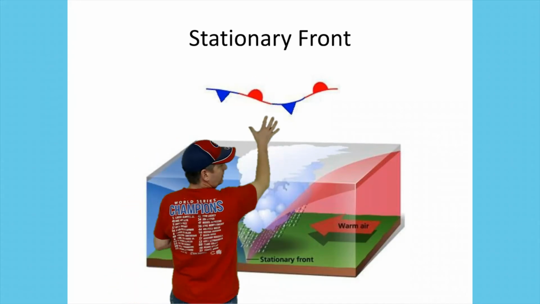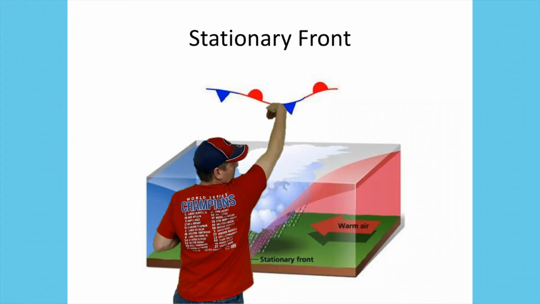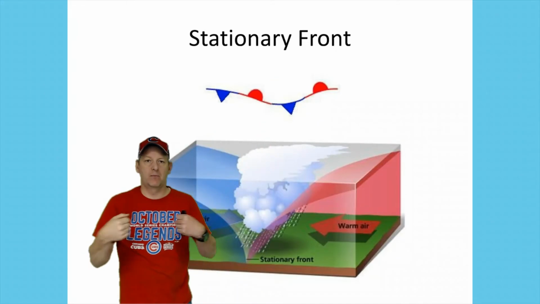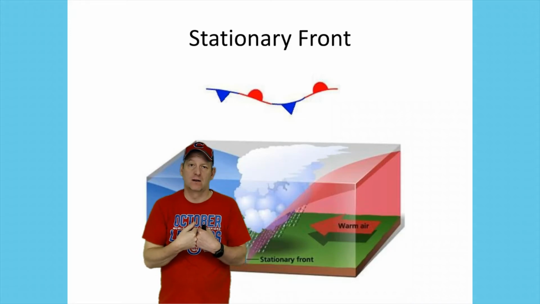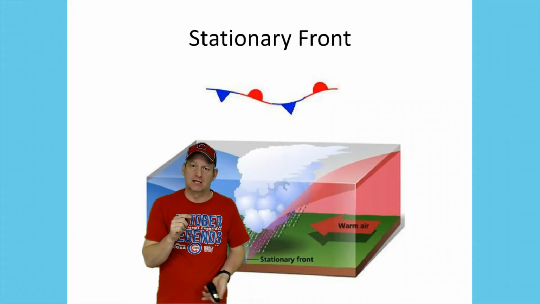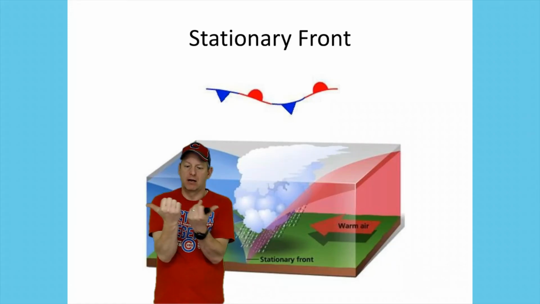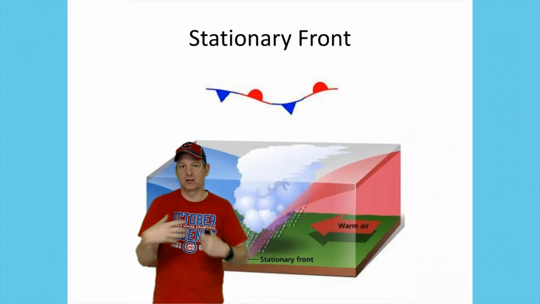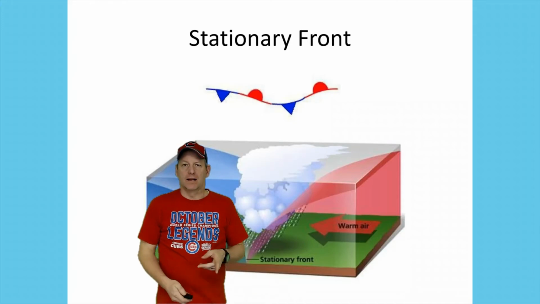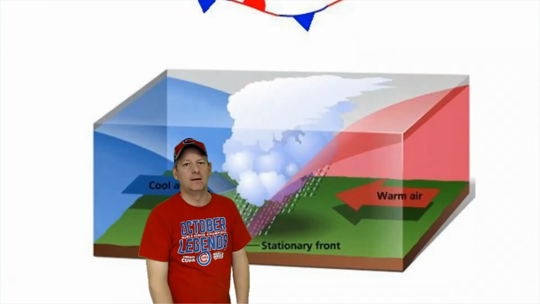So we have warm air going up, cold air going down, and we end up with this stationary front. Hopefully that will make some sense. Warm air is going one way, cold air is going the other way, and they are just pushing into each other.